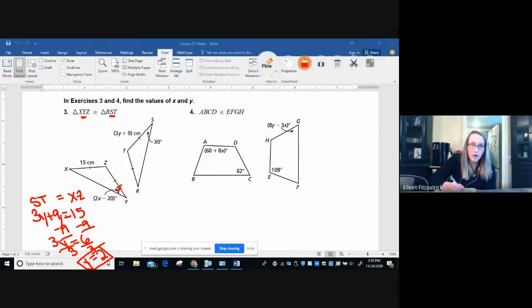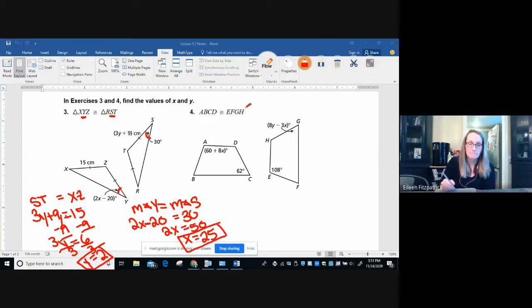Those two angles are congruent to each other. So that means that the measurement of angle Y is equal to the measurement of angle S. So you're going to say that 2x minus 20 is equal to 30. Add the 20 to both sides. So 2x is equal to 50. Divide by 2. X is equal to 25.